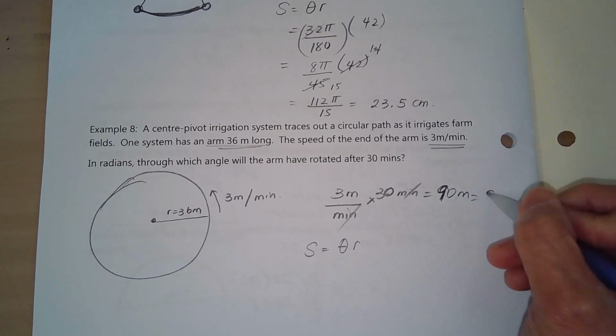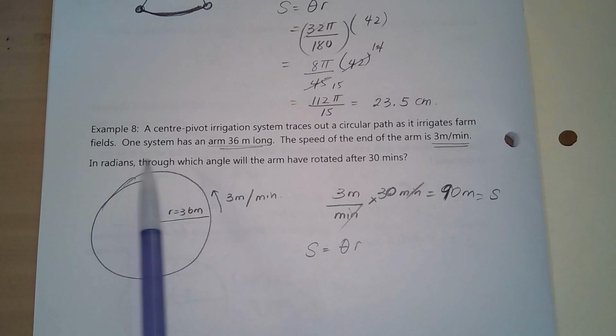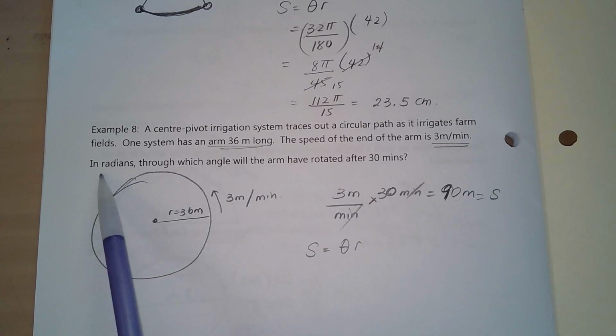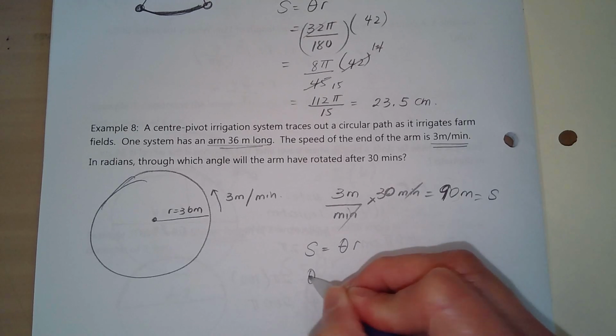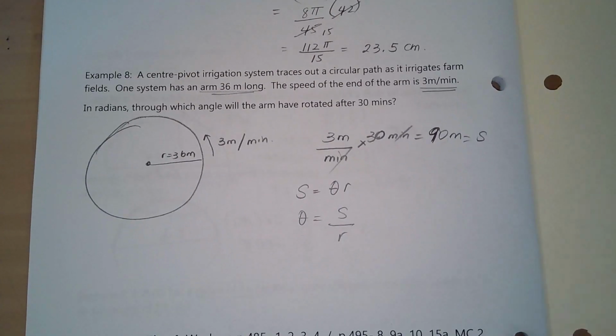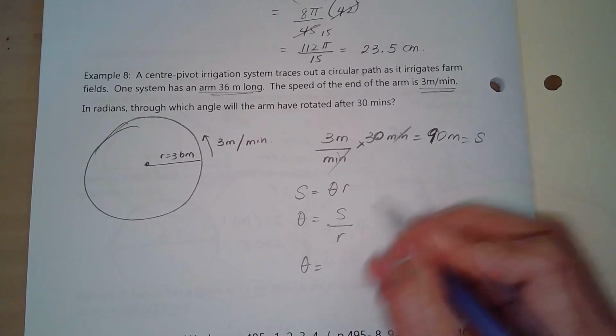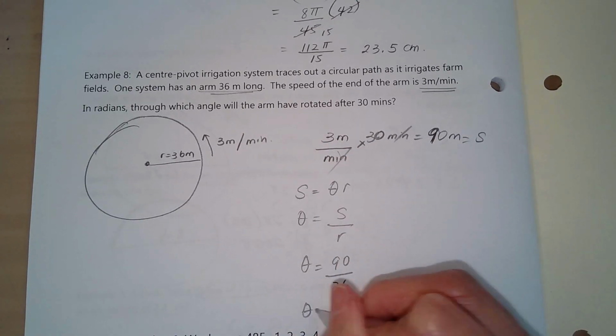S is our 90, and in radians, so we're really looking for theta. So theta is equal to S over R. S is 90, radius is 36.